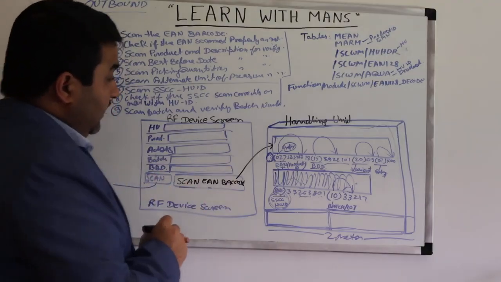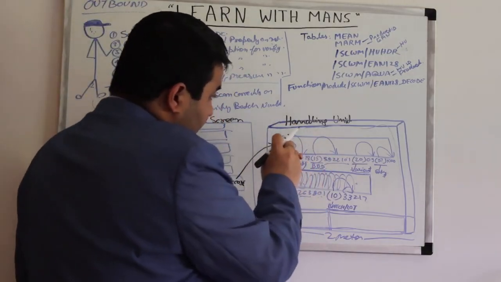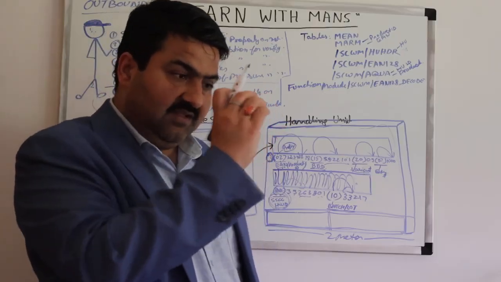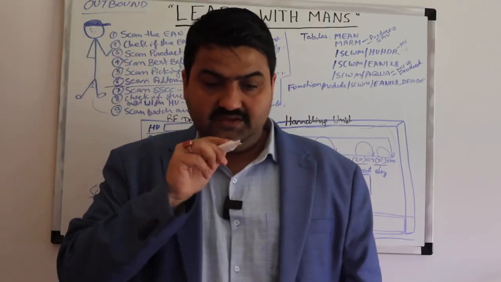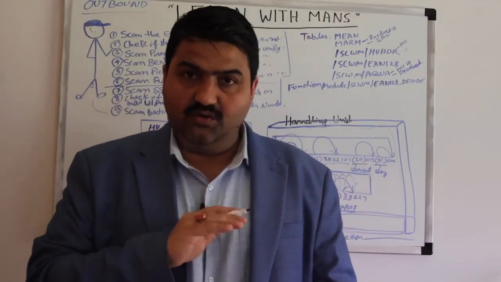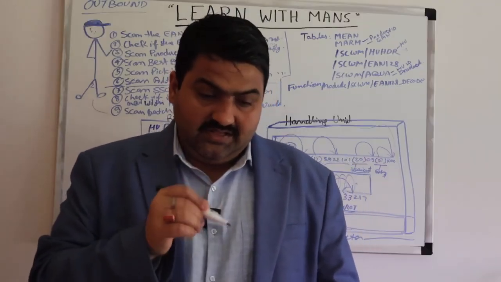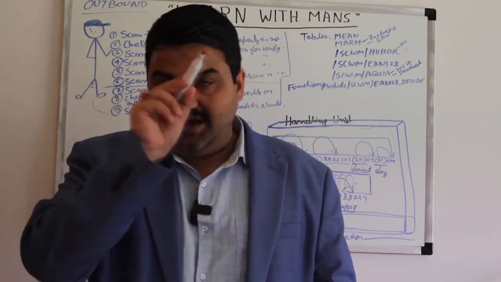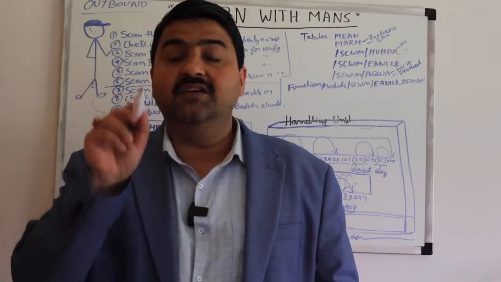So before picking this handling unit or sending it to the customer, the warehouse workers first scan and they see on the RF screen if there is any error or no error. If no error, then they will scan the next thing. They will verify one by one, because on RF device screens we have the fields.